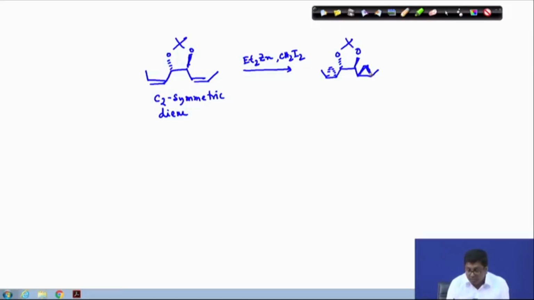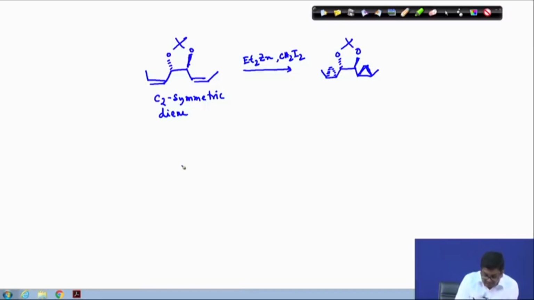You can easily understand that due to the presence of this heteroatom, here it is oxygen, it is guiding the stereochemistry of the cyclopropane. In this case it is a beautiful example, you see there are two hydroxy groups with different stereochemistry, and they are actually guiding what will be the stereochemistry of the cyclopropane product.